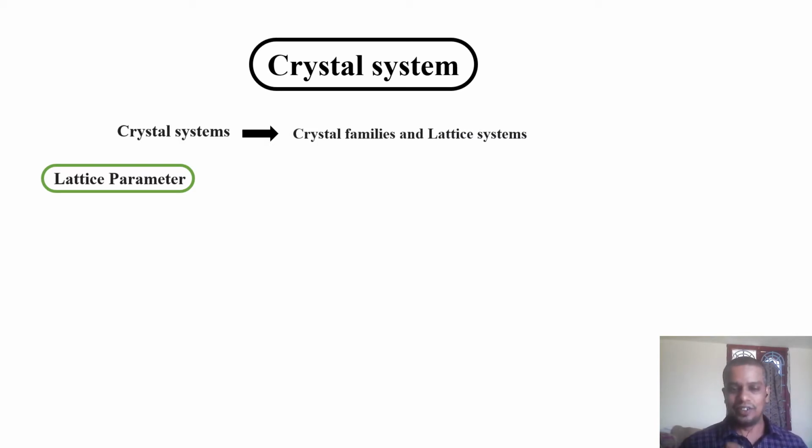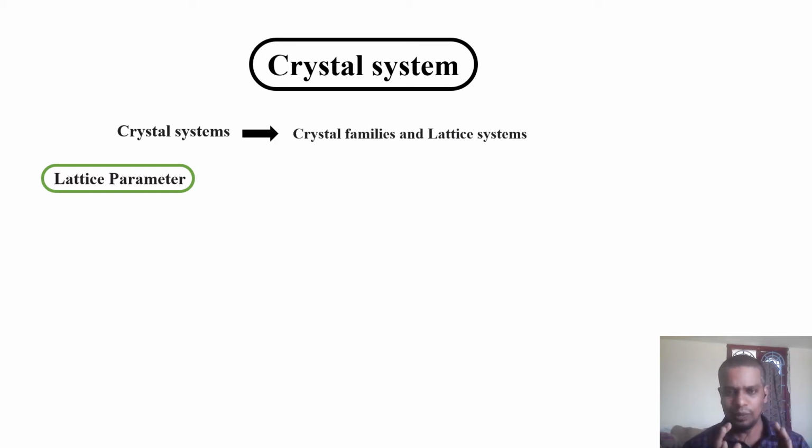Like that, if you want to define a single unit cell in the crystal system, again we take the three orthogonal axes, x, y, z, which are perpendicular to each other. We look at the axis length in the unit cell. That is one parameter we can define.